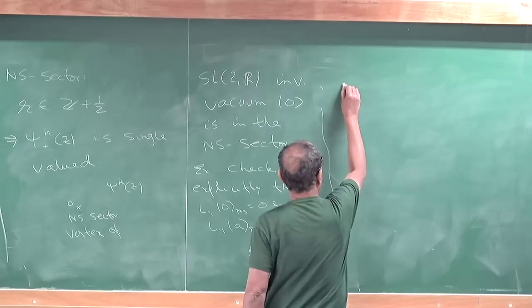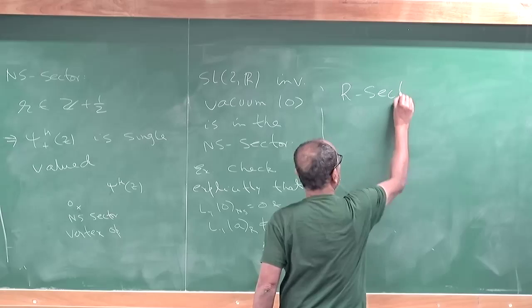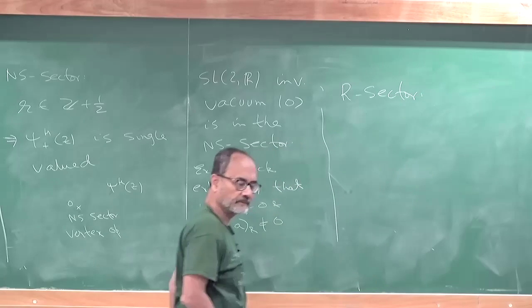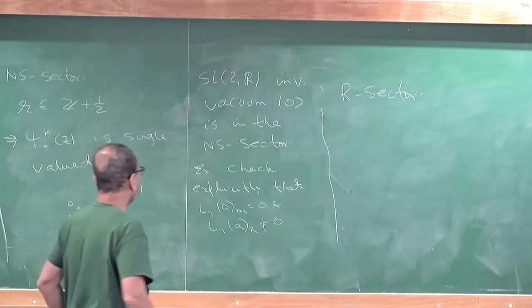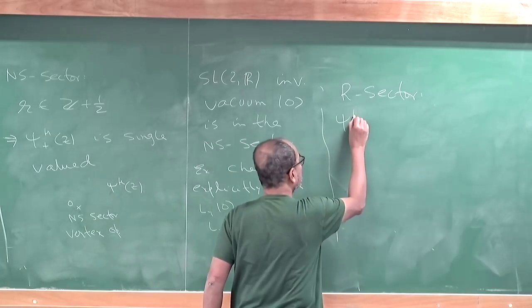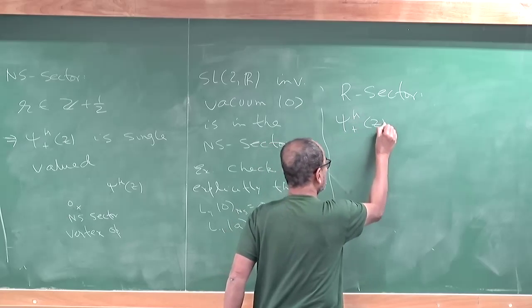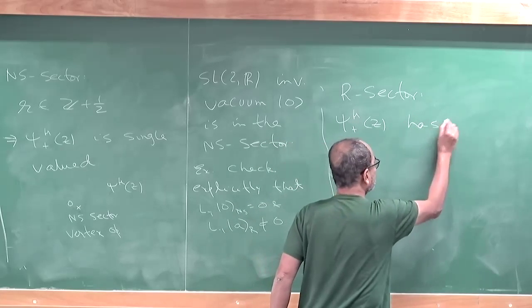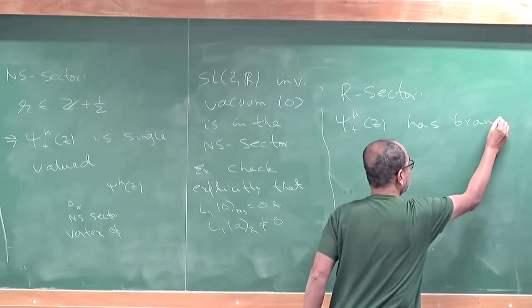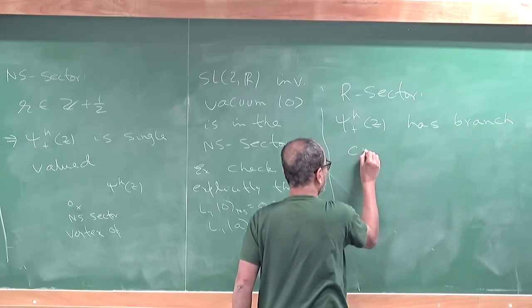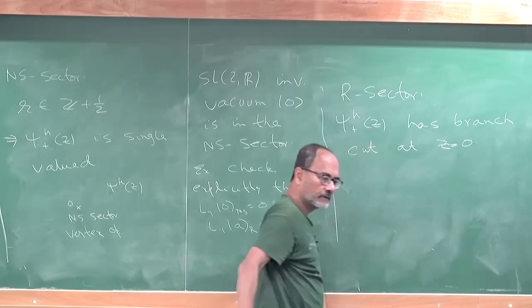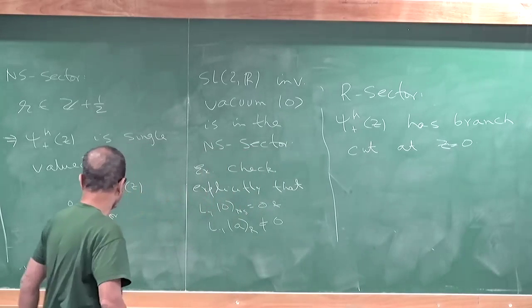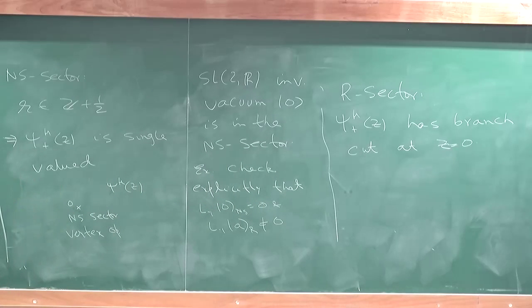So in the Ramond sector, psi mu plus of z has a branch cut at z equal to 0, because the expansion in R is integer.